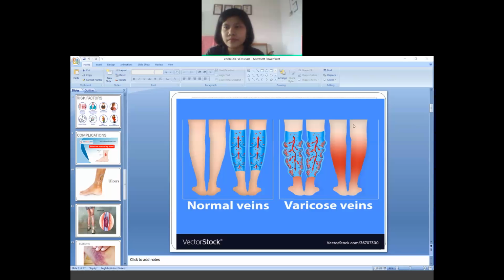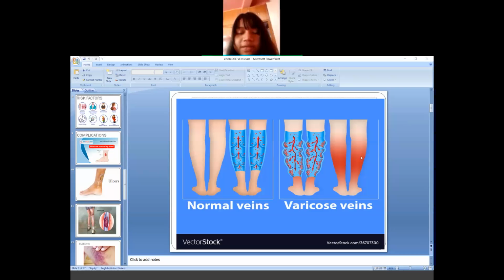Okay, can you please tell me some preventive measures in varicose vein? Ma'am, exercising. And anything else? They should maintain the body weight. Okay. Good.